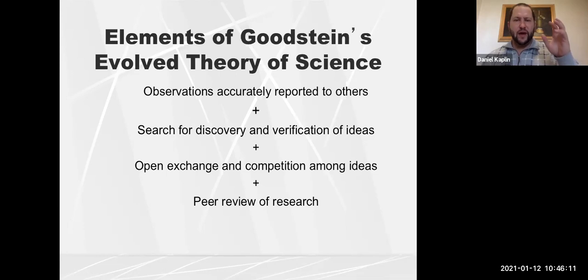Next, you have to verify the ideas. You have to find information that supports that. Then you have to be open to counter arguments or difference of opinion. And then you have to have neutral outside parties review your research to identify potential flaws. So let's go through it.